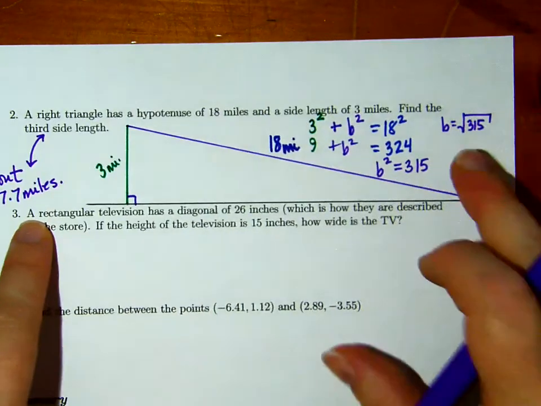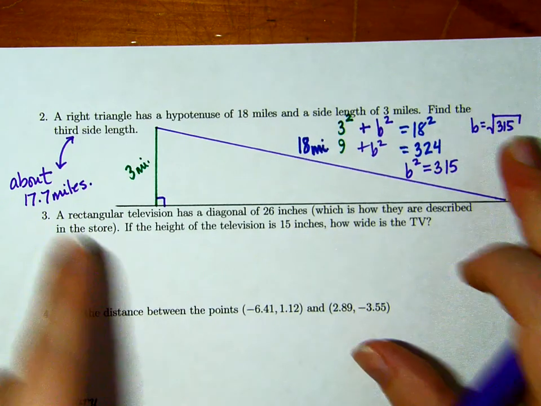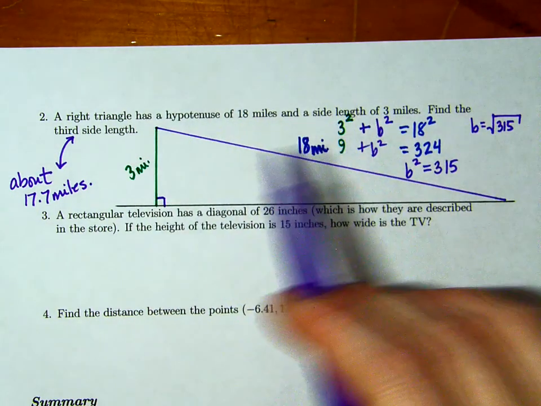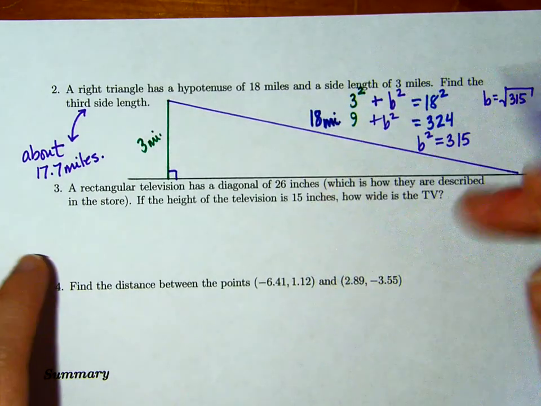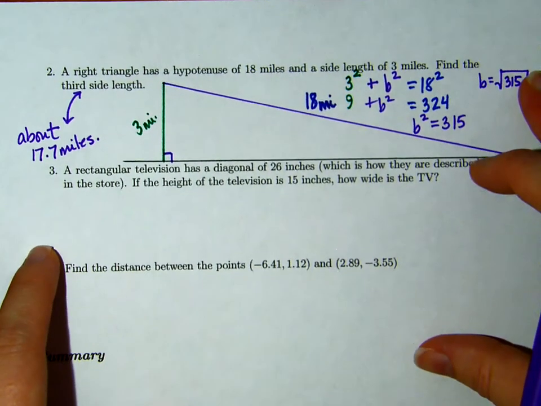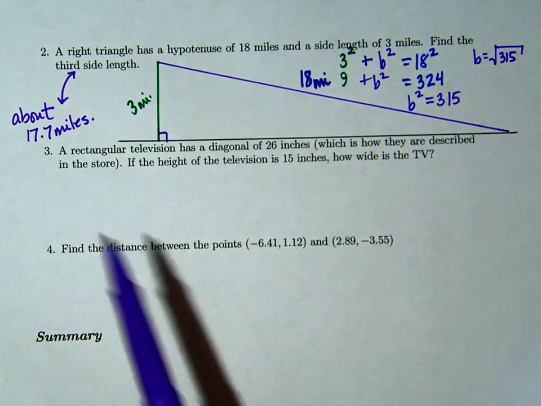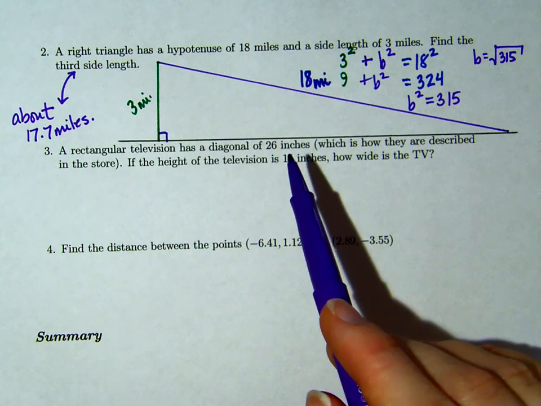And I got that from taking the square root of 315. Okay, voila. So this is a totally map situation if I knew any better. I guess it could be something else like the location of a plane in the sky, all kinds of things, but nonetheless.